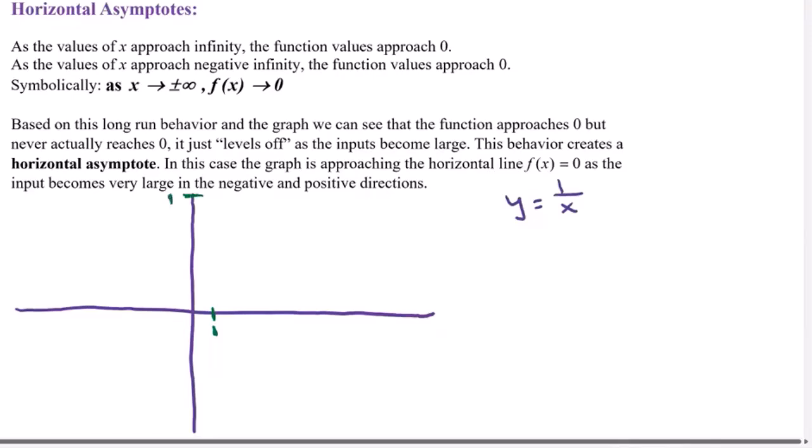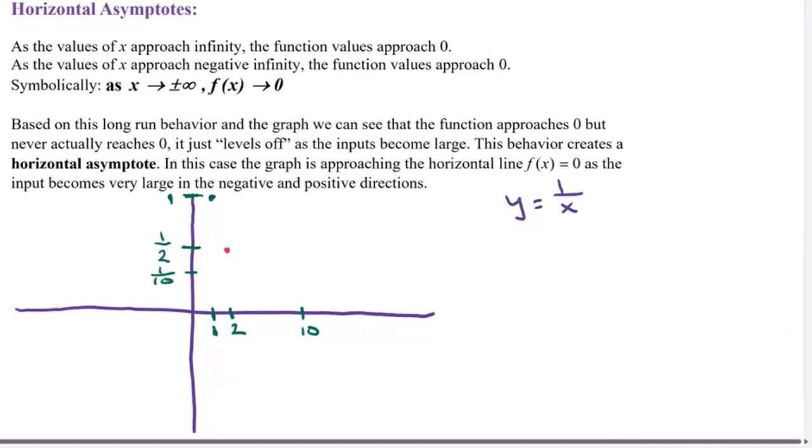Y equals 1. Okay? And now, when x equals 2, y equals 1/2. Right? Plug in 2, I get 1/2. And then let's get bigger. So when x equals 10, y equals 1/10.